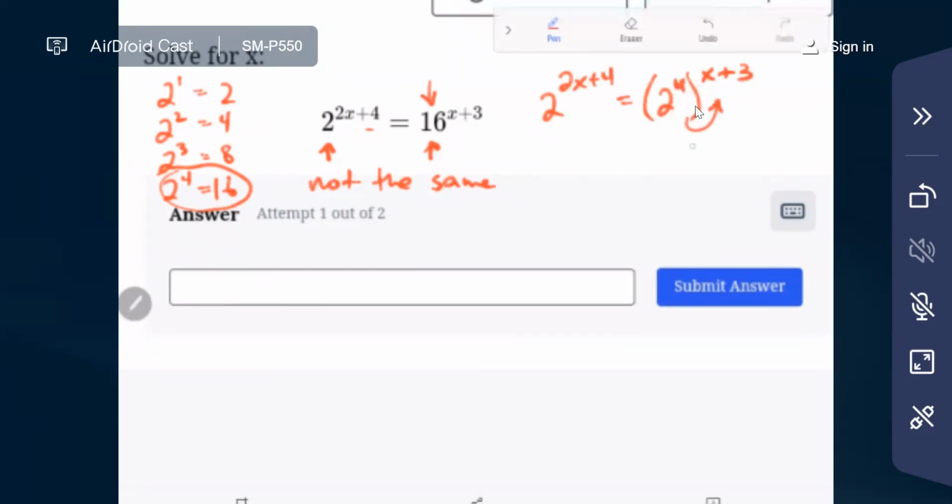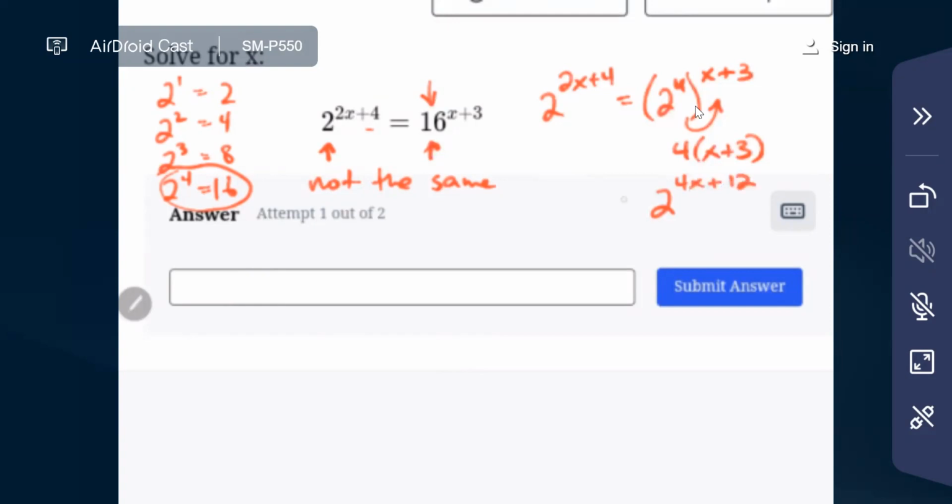So I'm going to take 4 times x plus 3, and that's going to be my new exponent. So 4x plus 12. And now that the bases are the same, I can do the same thing I did in the previous. I can take 2x plus 4 equals 4x plus 12.